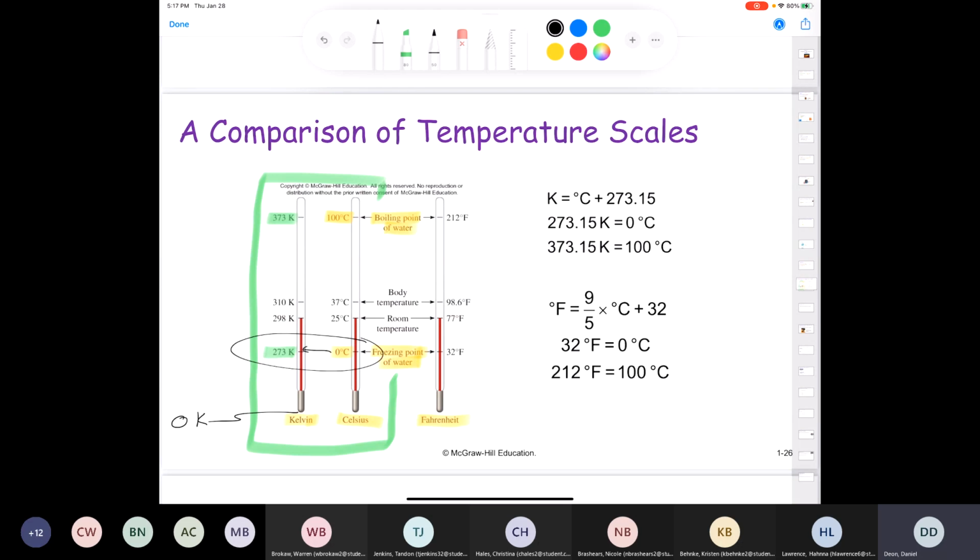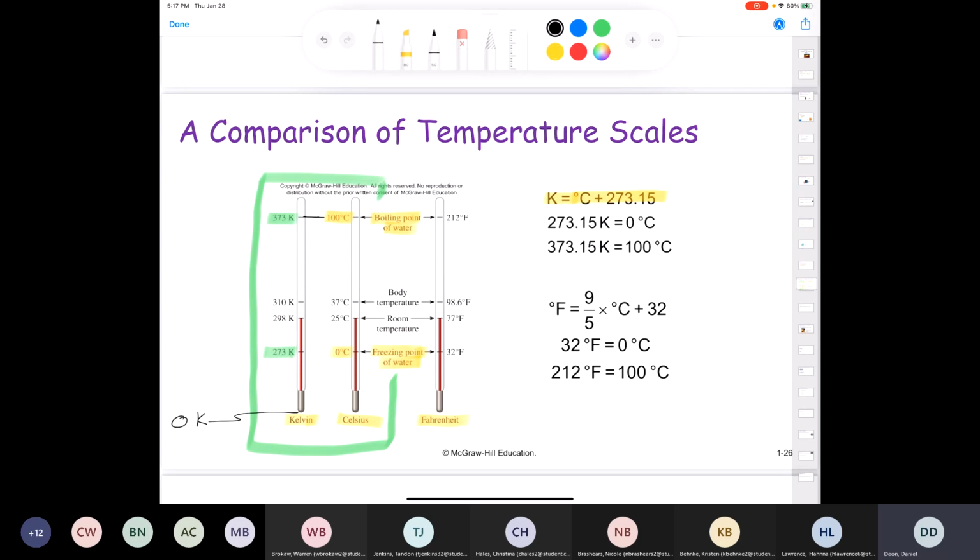All I'd have to do is add 273 to it. Notice the same thing here. If I want to convert 100 degrees Celsius into Kelvin, I'd add 273. 273 plus 100 gives you 373. And so the formula for converting degrees Celsius into Kelvin is to simply add 273.15.